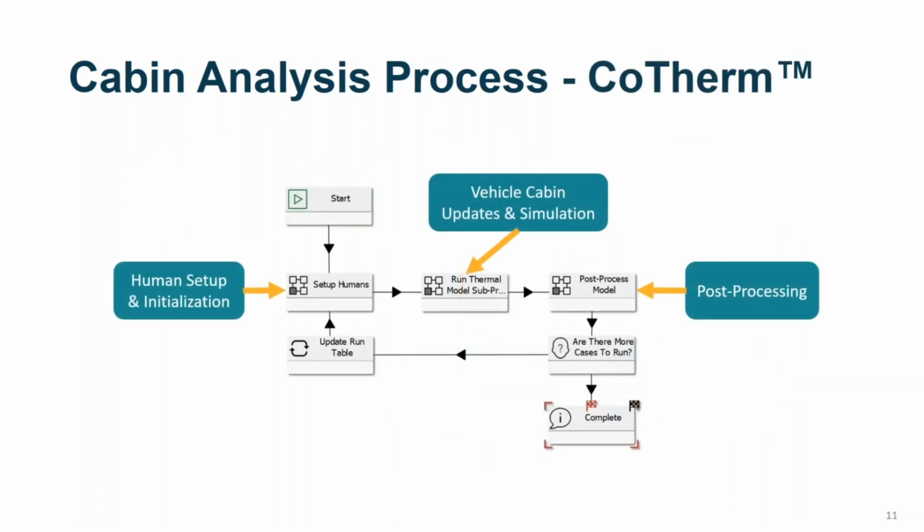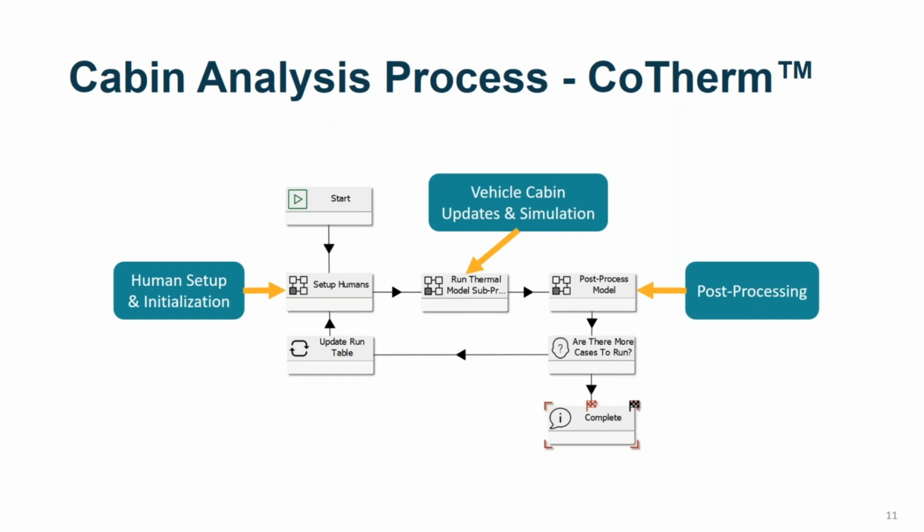So this is the CoTherm process view of this setup. So we have our start block in the top left corner, and from there we move into human setup and initialization. So this prepares our humans to use this human thermal extension. So it'll go through precondition the human, set up your Berkeley set points, and all of that before moving on to setting up the vehicle.